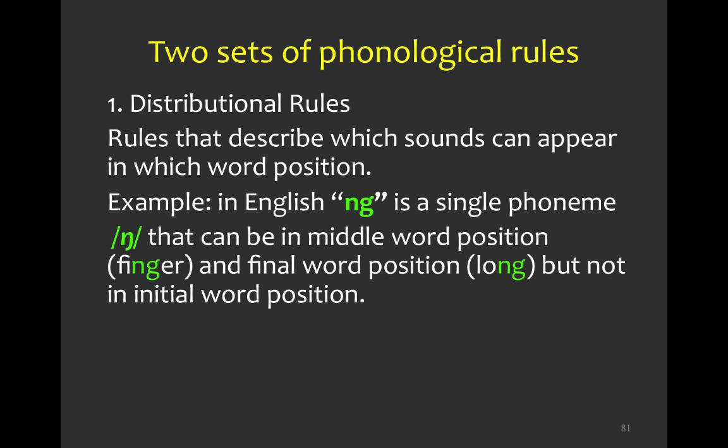For example, in English, the NG phoneme, which I actually also included here, the phonetic symbol of that NG phoneme, is permitted to be in the medial word position in English, as in the word finger, and in the final word position, as in the word long, but not in the initial word position.